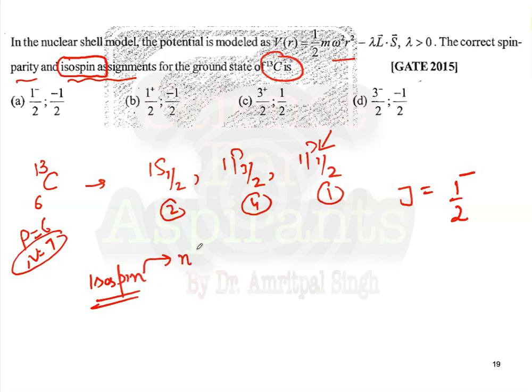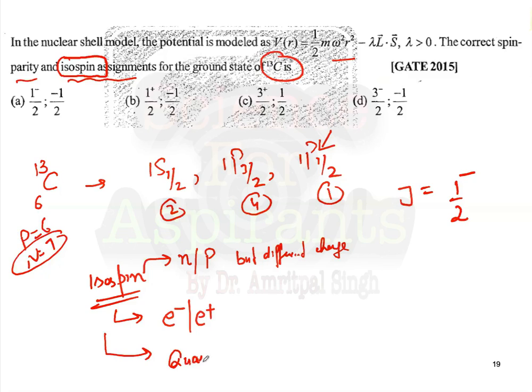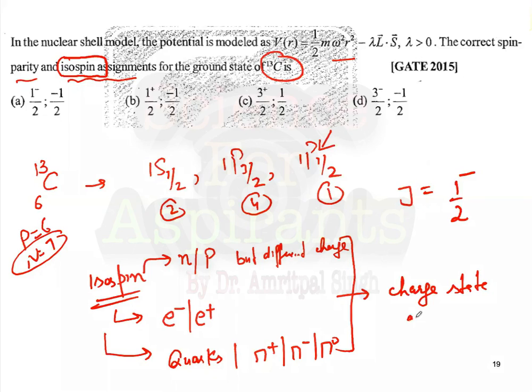For example, neutron and proton have the same mass but different charge. Similarly, we apply the concept of isospin to electron and positron, or to quarks or muons, which can be positive, negative or neutral muons. So the isospin concept is applied to all those particles, and it tells us about the charge state of the particle.